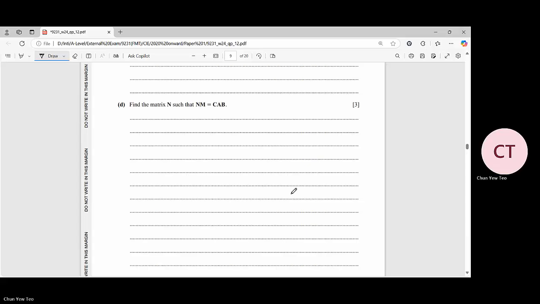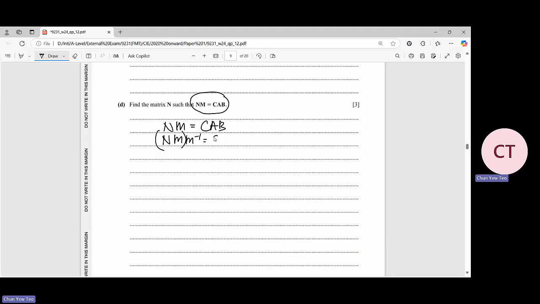Move on. Find the matrix N such that NM is equal to CAB. They're giving you this. So to find N, M needs to go to the other side, or actually we don't really bring M to the other side. We actually just multiply by M inverse here.